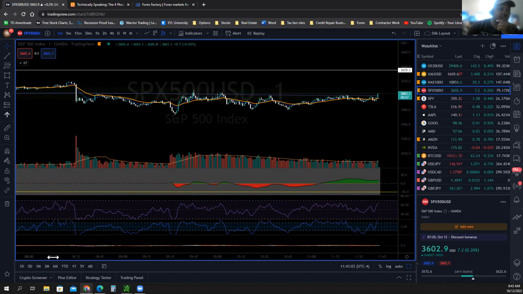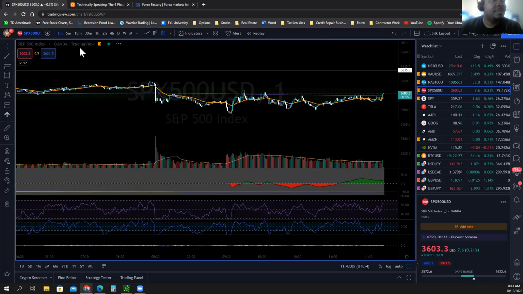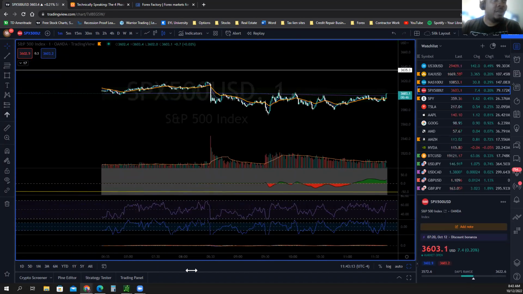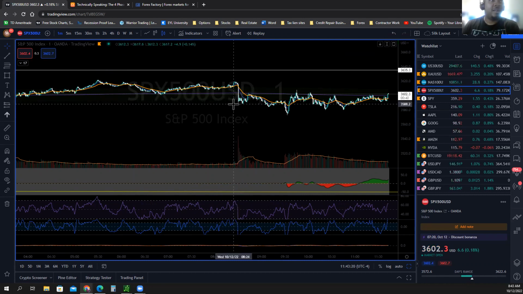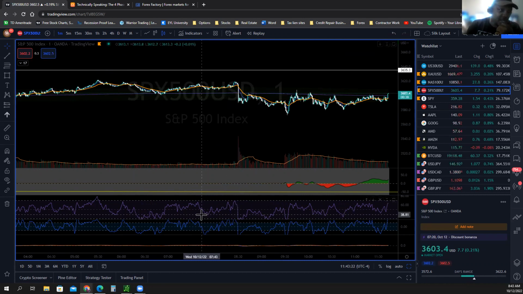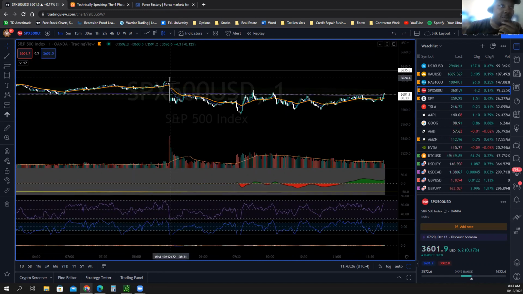This is how important reports are. You don't want to be in a trade and you're not aware of what reports are coming out for that day. Because say you're in a buy, right? So you're in a buy and this comes out and you get a massive drop right at 8:30 when the report came out. And you're not aware of the report coming out.